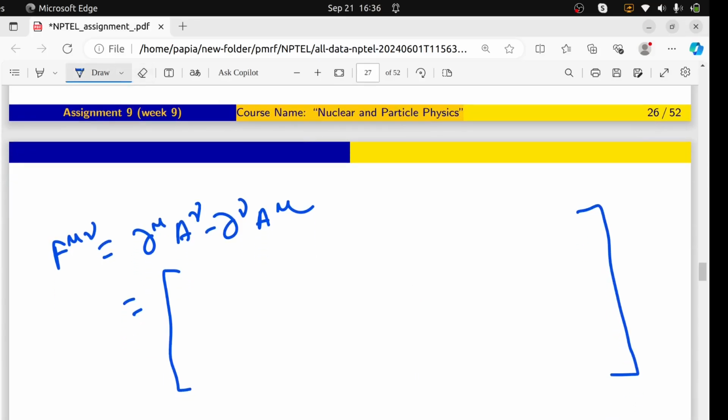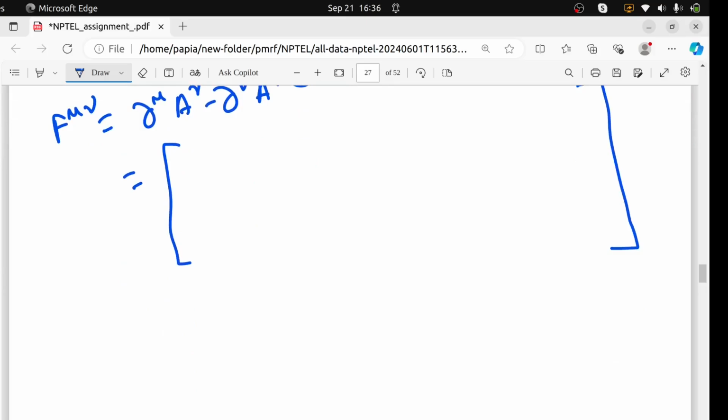F mu nu can be written as eta alpha nu, F beta alpha, eta mu beta. So alpha alpha, then beta beta, nu nu. Okay.